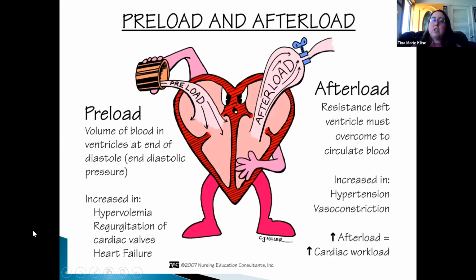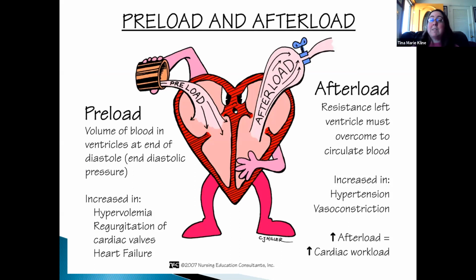Okay, this is just a repeat of the visual that was in the pre-class PowerPoint, just to show you. Preload is what's coming into the ventricles at the end of diastole, and it shows it on the right side of the heart, but the truth is preload also affects the left ventricle.